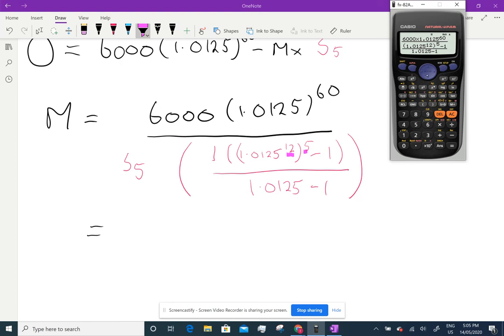Well, it looks pretty right. Let's use 1.0125. Okay, let's just use that as my answer and see if I get the same thing.